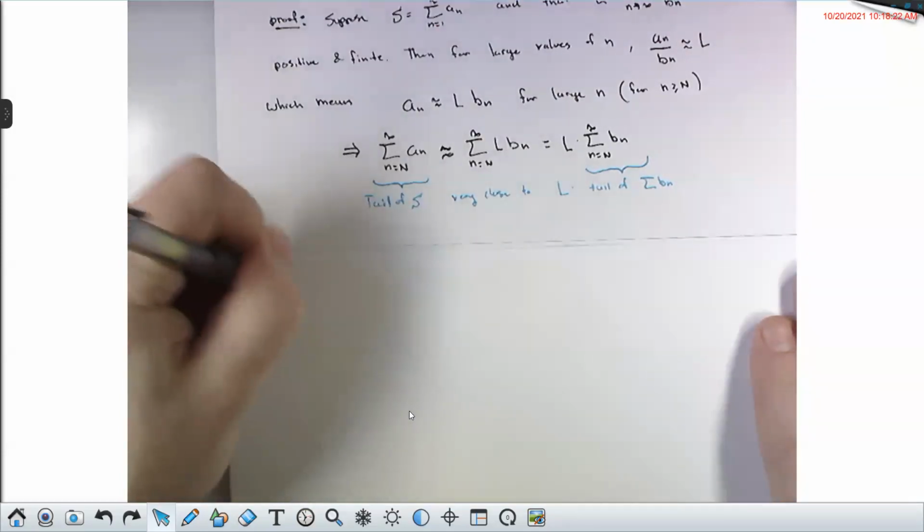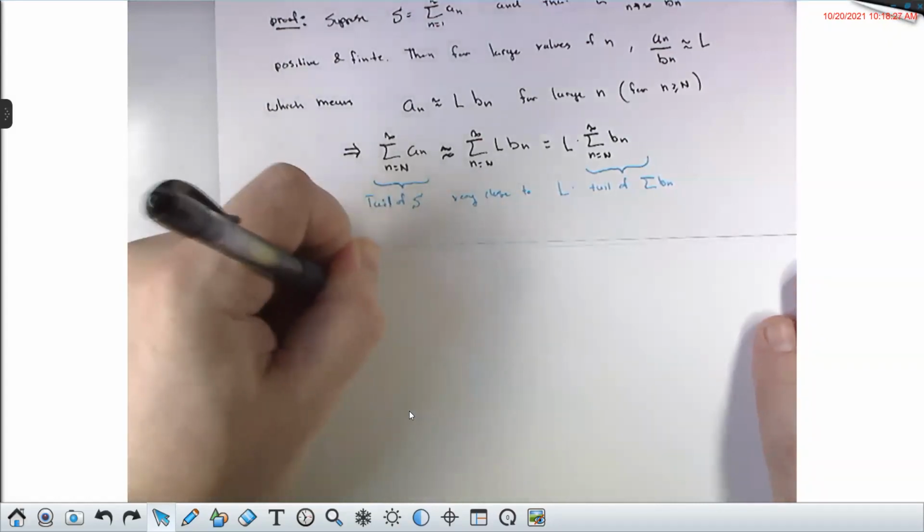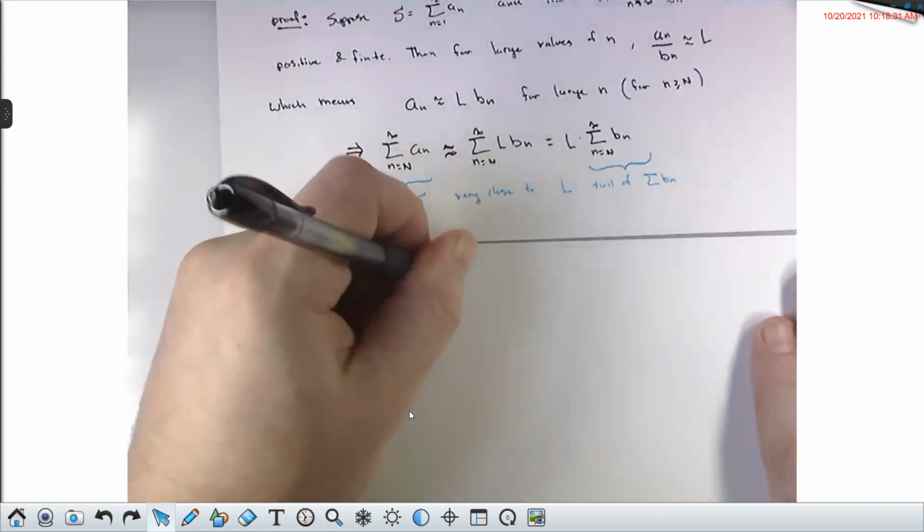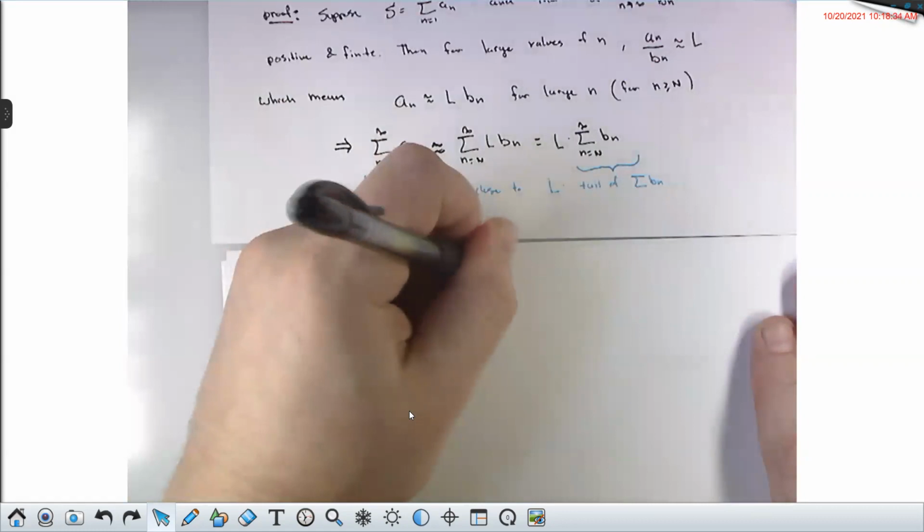Thus, if the sum from n equals 1 to infinity of bn converges, its tail is finite.